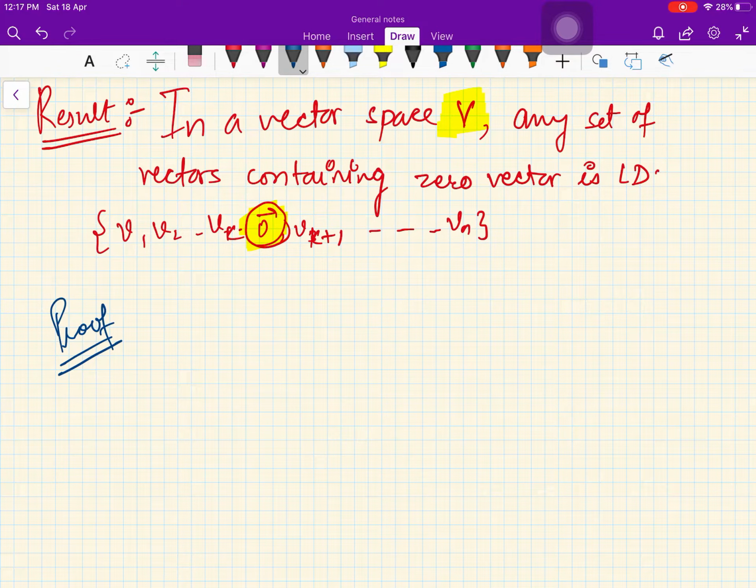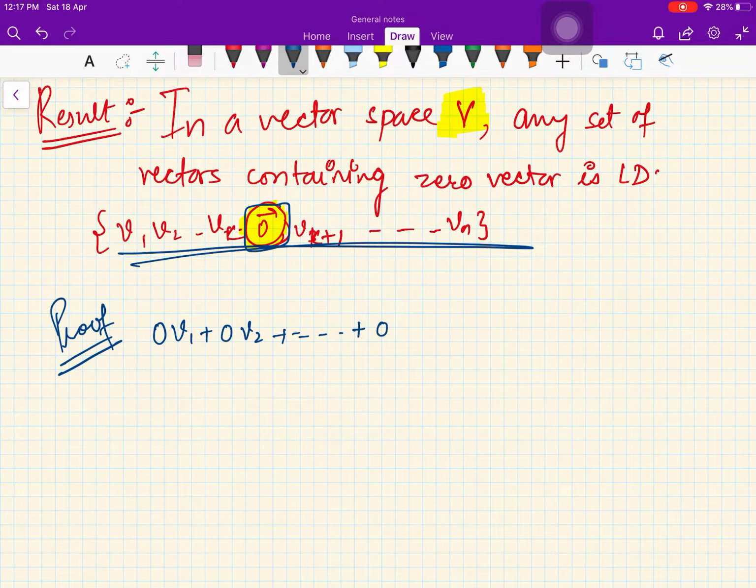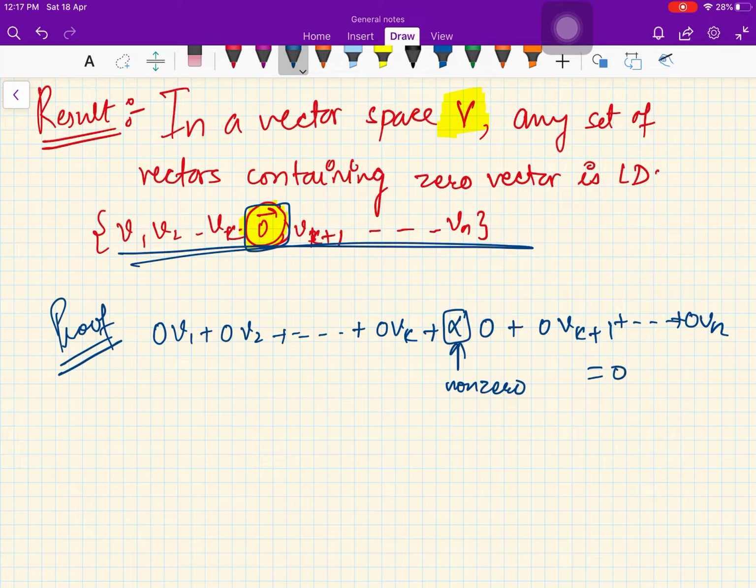Why? Because you can always write, suppose this is a set where there is a zero element here, so you can write 0 into v1 plus 0 into v2 plus so on 0 into vk plus a non-zero scalar alpha into your zero vector plus 0 into vk plus 1 plus so on 0 into vn. Obviously you will get a 0, right?